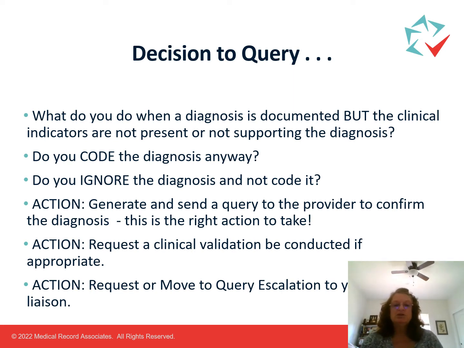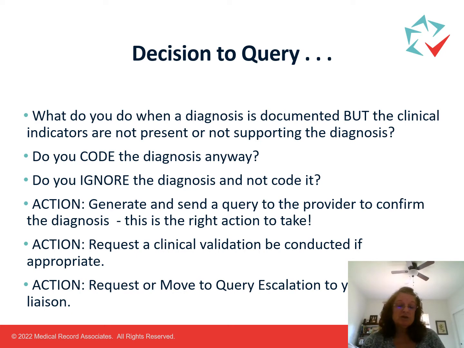So in that decision process, practitioners document a diagnosis. What happens when it doesn't appear to be supported by the clinical indicators? Well, as a coding professional, you have a couple of choices, right? I code the diagnosis because it's documented. End of story. Oh, maybe I do the opposite. I ignore the diagnosis and I don't code it.